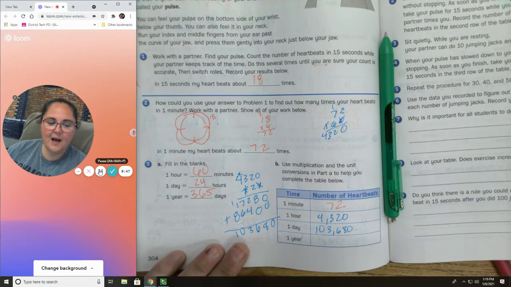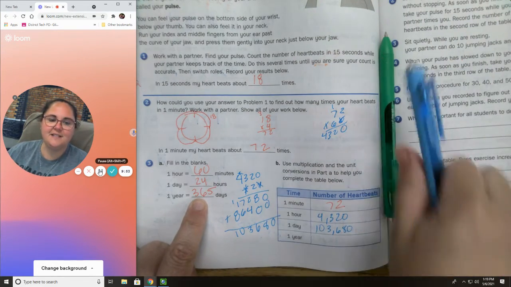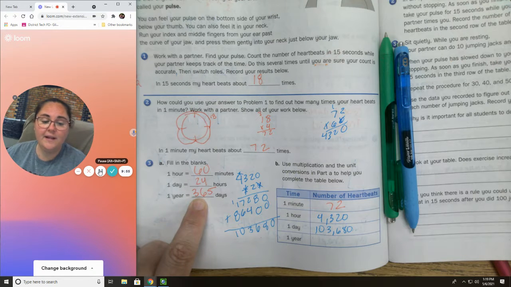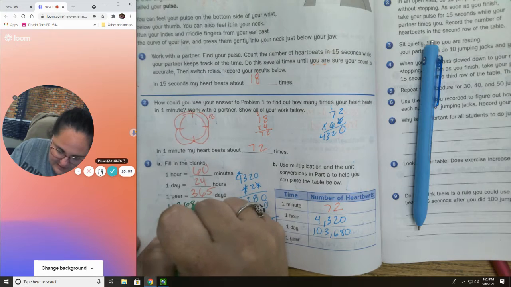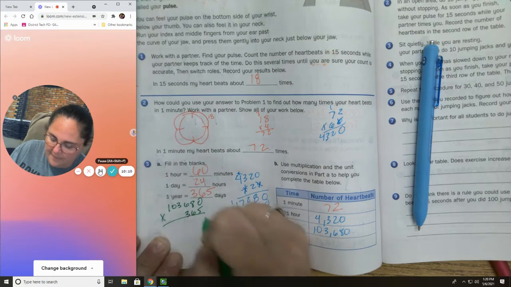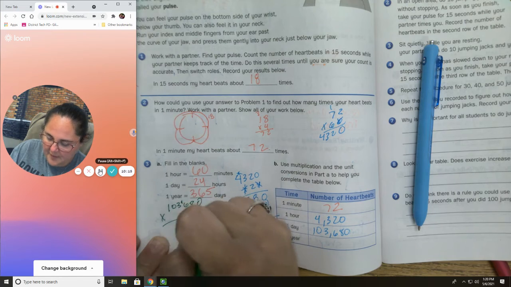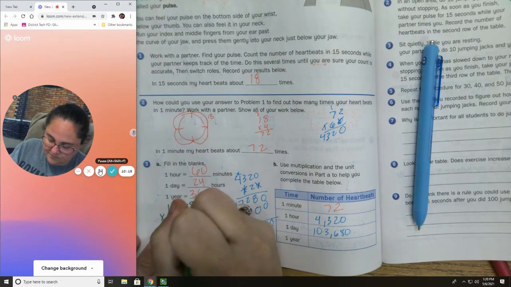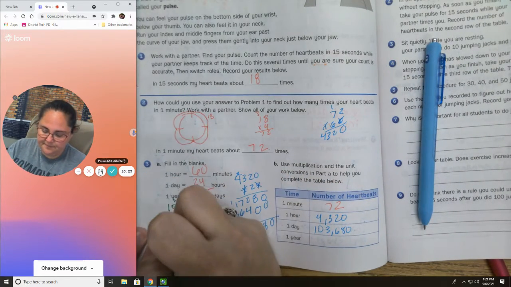Great. Now, this is 1 day. We need to figure out for 365 days. Multiply 103,680 times 365. All right, here we go. 5 times 0 is 0. 5 times 8 is 40. 5 times 6 is 30 plus 4, it's 34. 5 times 3 is 15, 16, 17, 18.